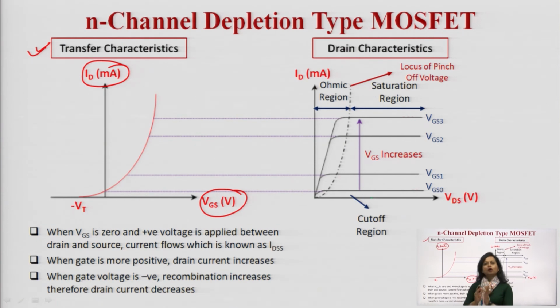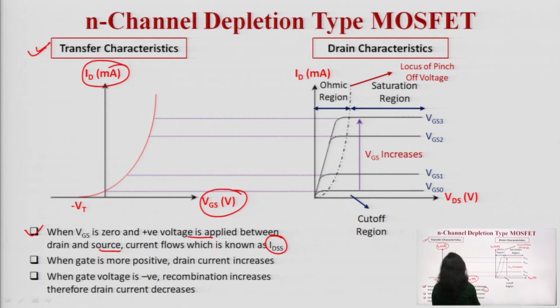Now recall what we have discussed in the case of the MOSFET working. We have discussed three cases: when VGS is 0, when VGS is positive, and when VGS is negative. When VGS is 0 and a positive voltage is applied between drain and source, a current flows, and that current is represented as IDSS.